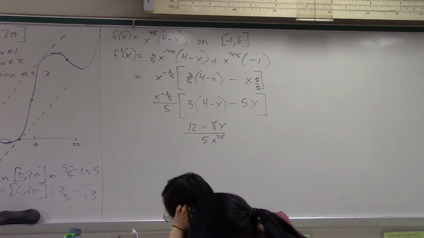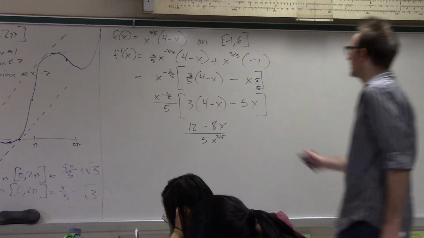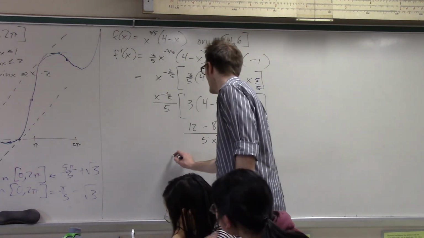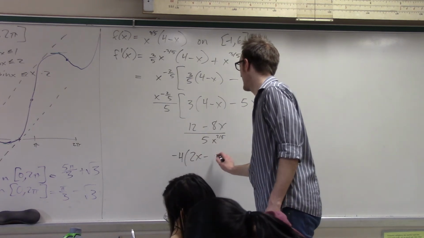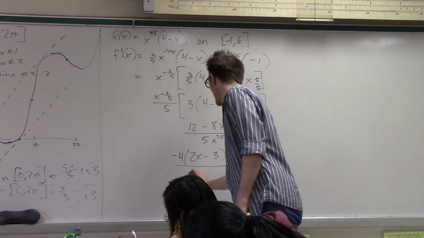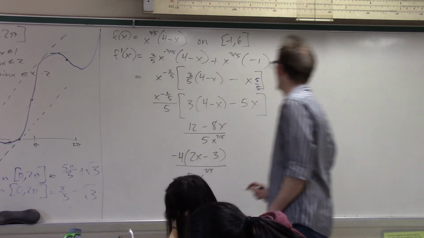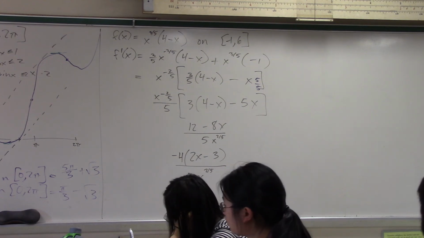Alright, so I guess we can factor out a 4 in the top. Yeah, so I factor out a negative 4 up there, and I get 2x minus 3 over 5x to the 2/5. I swear I'm making an algebra mistake, but people are telling me I'm good.